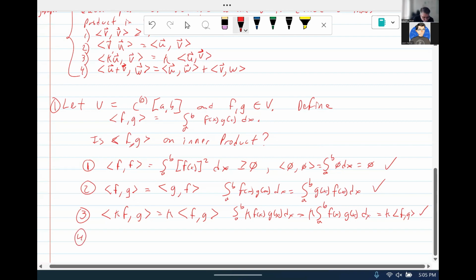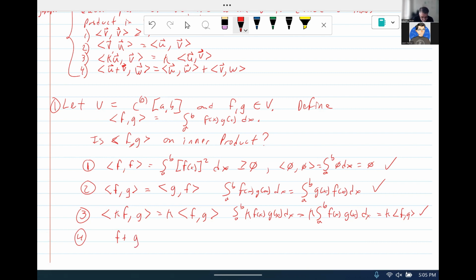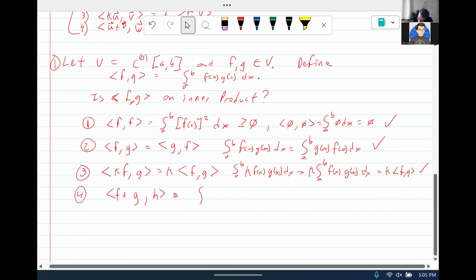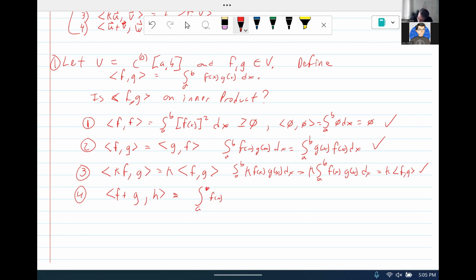And number 4: is f plus g, combined with a third vector h, what does this equal? This is going to be the integral from a to b of f of x plus g of x, times h of x dx.